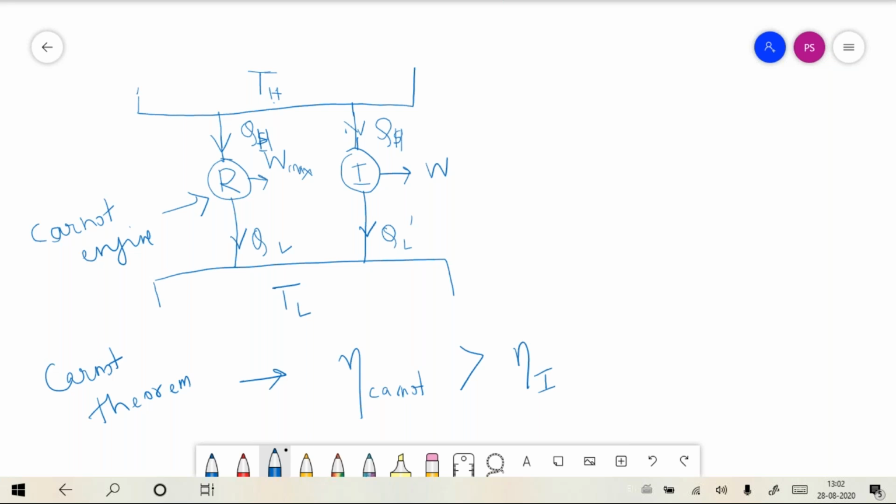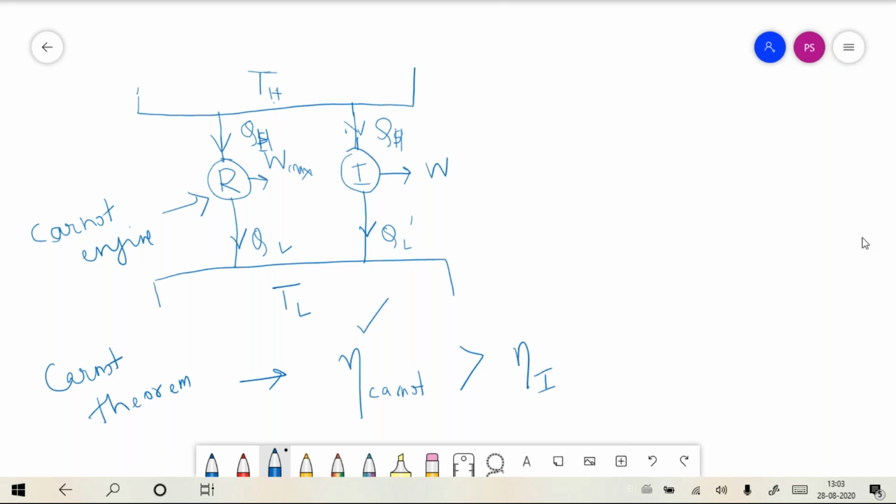So no engine can have an efficiency greater than the Carnot engine while operating between the same two temperature reservoirs. This is the Carnot theorem. I hope almost 86% of the students of the 80% who have voted have understood this. So this is good enough.